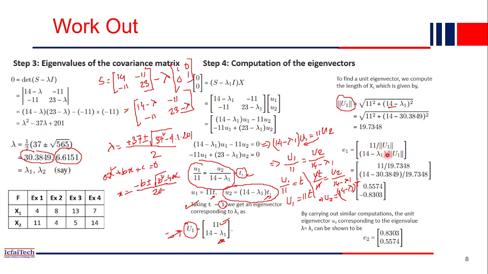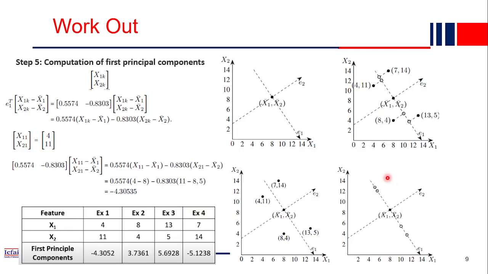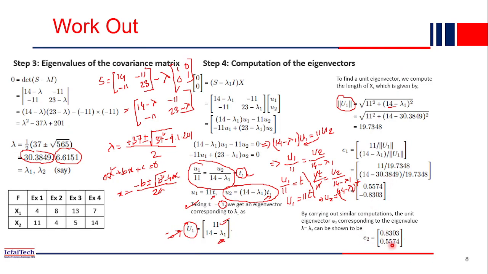E2 also will have the same expression, but now you have U2 because you substitute lambda 2 value 6.61. So same U2 you substitute here, and lambda 2's value also 6.61, then you get this expression. Just substitute the values and you get E2. So E2 is called second principal component.